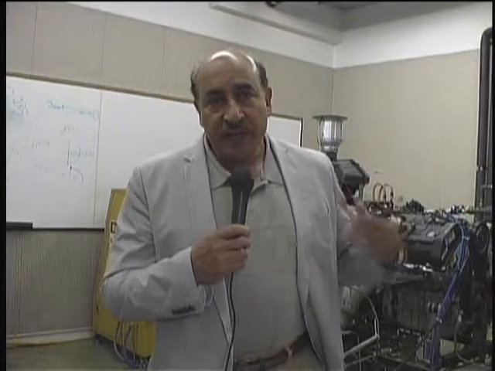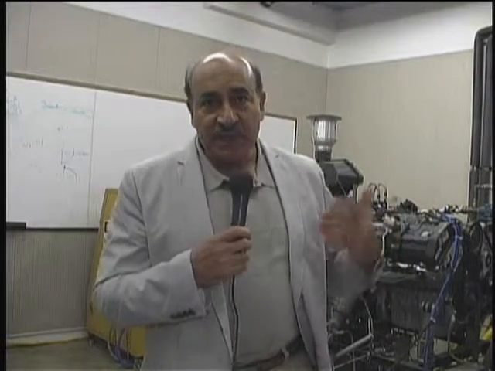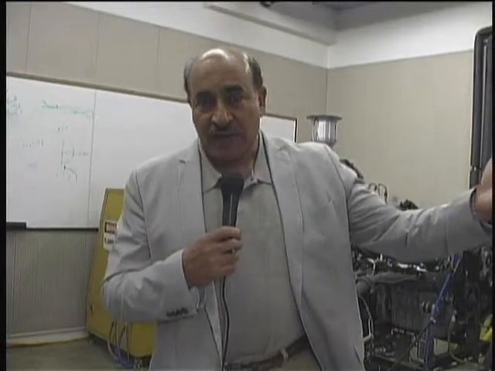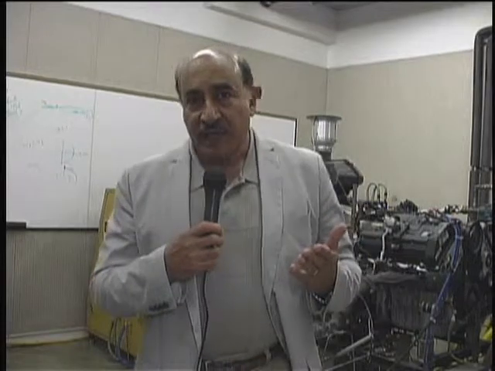Before Miguel goes through all of these systems, the engine is in this lab, as you'll see, but all of the instrumentation is outside. We have an electronic control unit and the ability to control the RPM and the speed of the engine and the ability to control the air-to-fuel ratio.